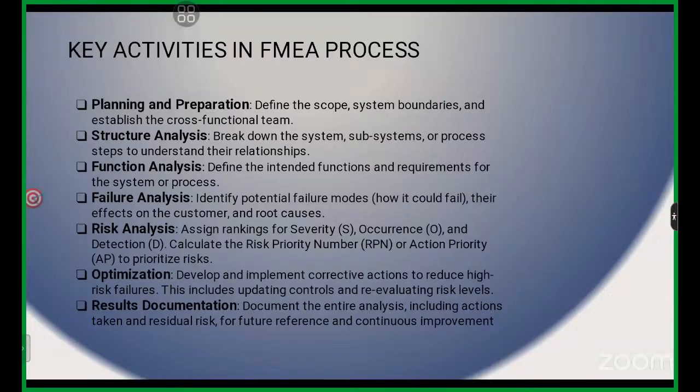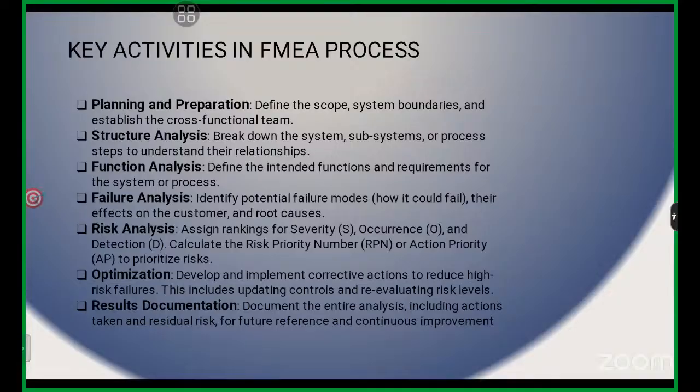I've not put it there, but it's risk priority number equals severity times occurrence times detection. So you multiply the three, S, O, and D, to get the risk priority number.